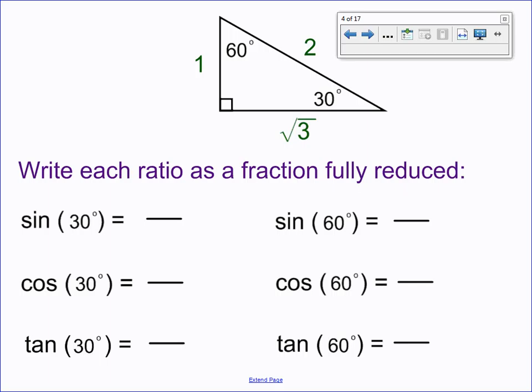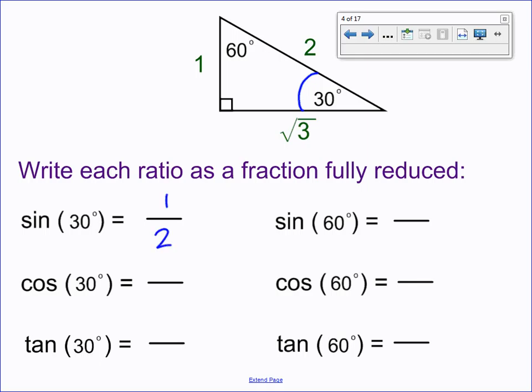What's the sine of our 30 degrees as a ratio? Opposite over hypotenuse. What side length is opposite 30 degrees? What side length is the hypotenuse in this right triangle? What's opposite over hypotenuse? Absolutely.